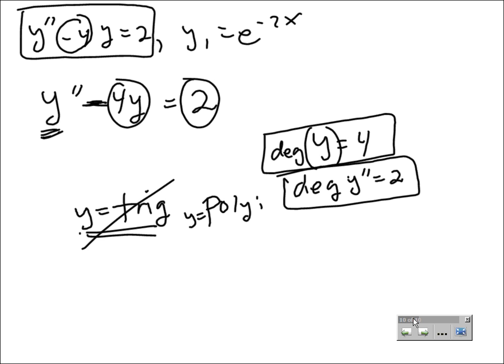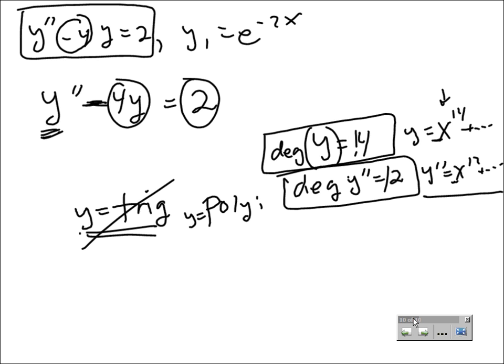So you won't get 2. And if the degree of y was 14, then the degree of y double prime would be 12. So I know that y is going to have an x to the 14th term plus other terms, possibly. And y double prime will have an x to the 12th term with a number in front in both cases, 3x to the 14th, 11x to the 12th, plus other terms. Now when you subtract, nothing's killing off the x to the 14th term.